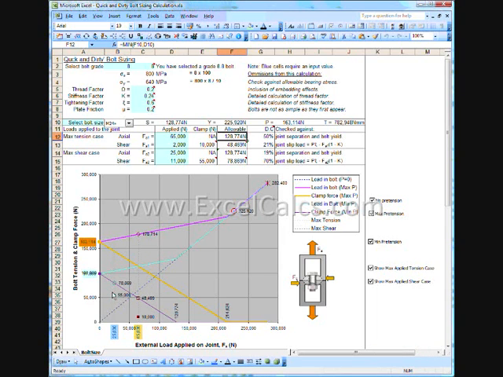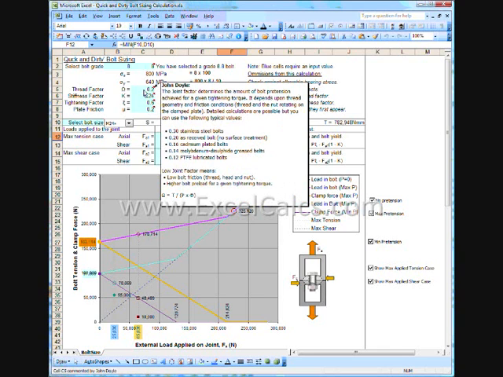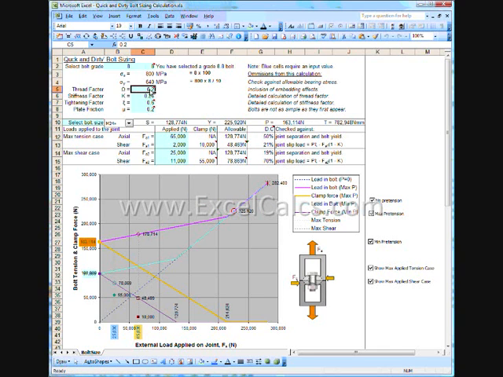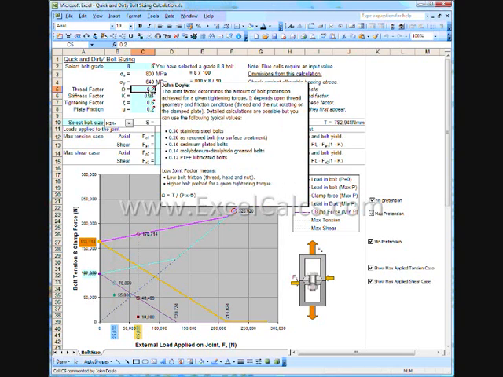So I hope this has given you some idea of why we need to think about bolts. I hope it's made sense to you. We need to think very carefully about these factors here: the thread factor, the friction, and the amount of pretension we'll get for the available tightening torque.